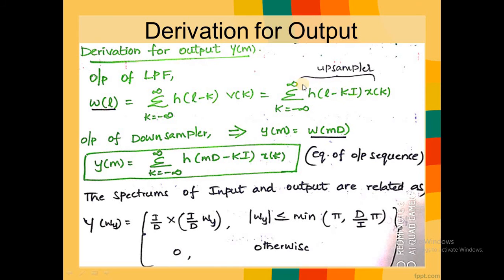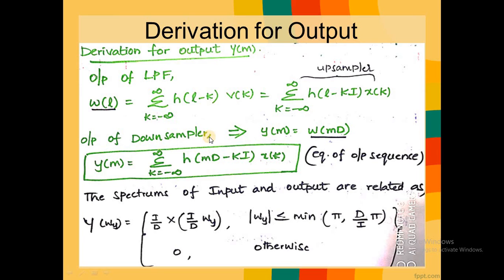This particular equation is equal to summation k equal to minus infinity to infinity h of L minus k into x of k. This particular equation is the output of the upsampler.